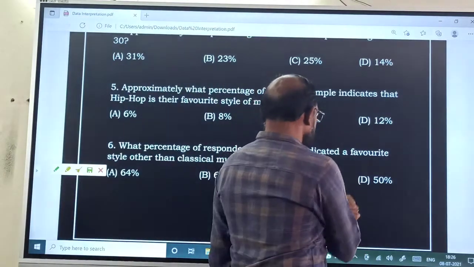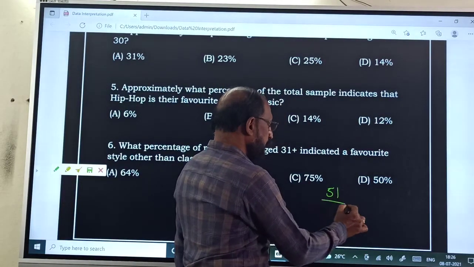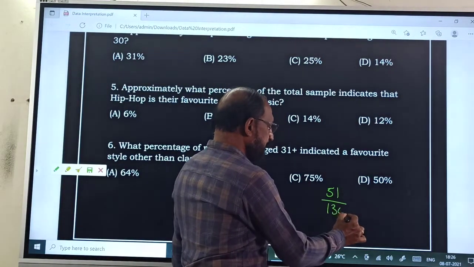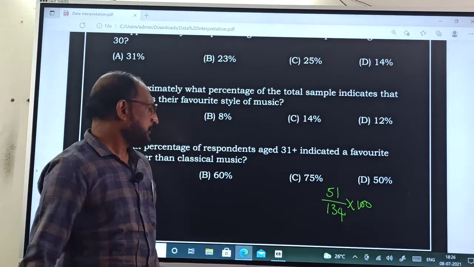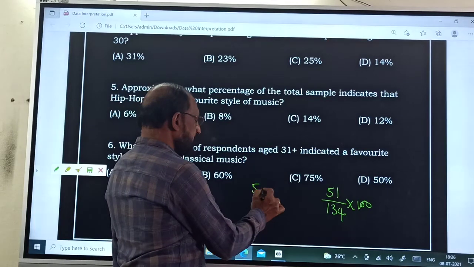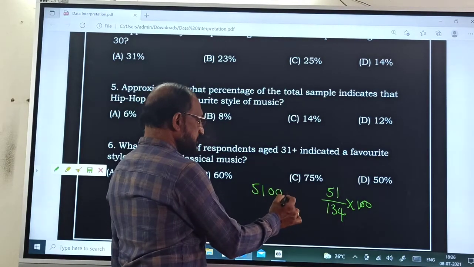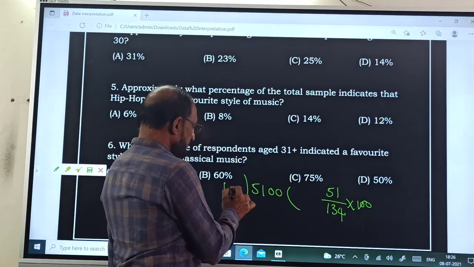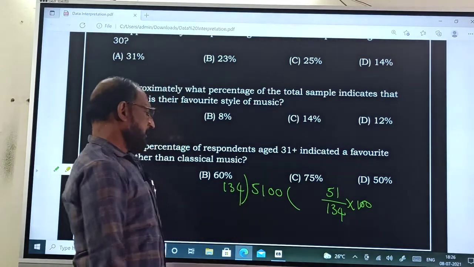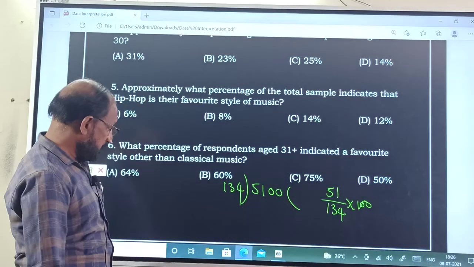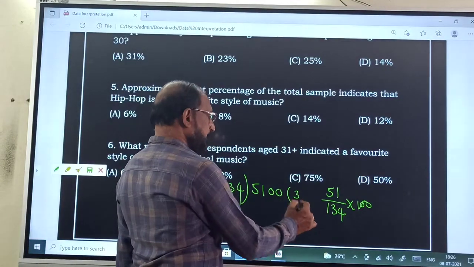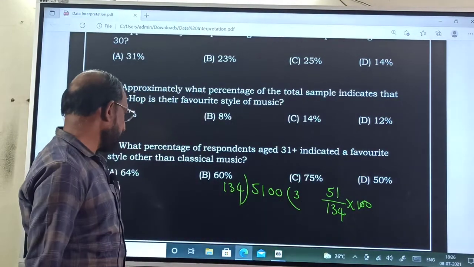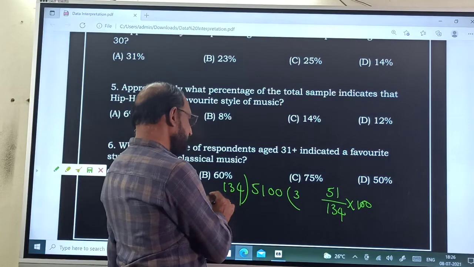So what is that? 51 by 134 into 100. 51 with two zeros divided by 134. 3 times will go, or 4 times? 4. 4 ones, 4 threes are 12.